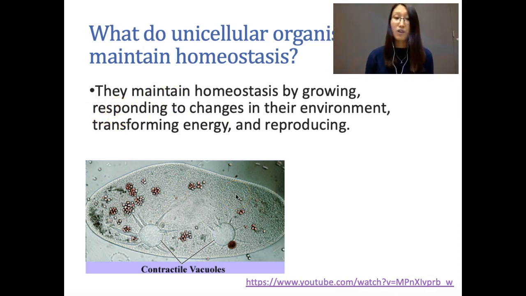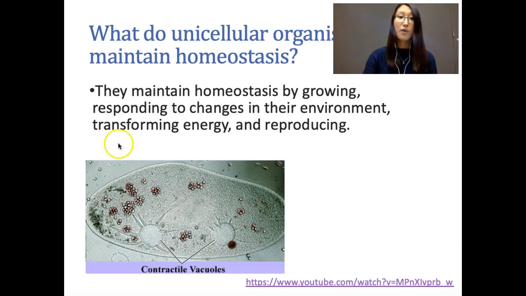The cell can also run away from other things, right? So for example, if there's a bacteria in your body, it can run away from the white blood cell, and the white blood cell can chase down the bacteria. So that's something that happens. We can transform energy. For any organism, energy needs to be used, and then that energy needs to be transformed into some other types of energy, right?